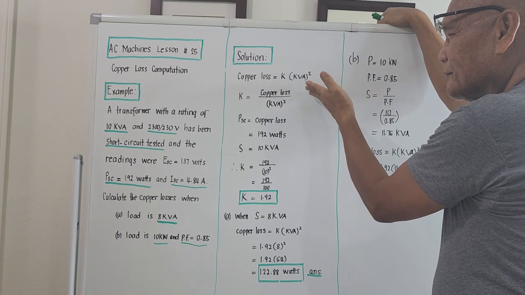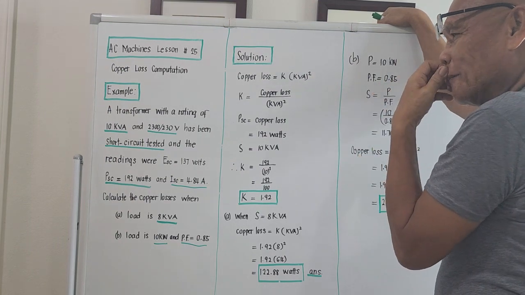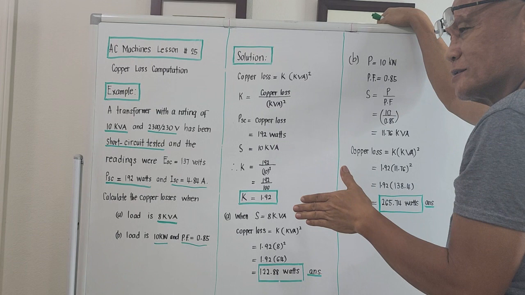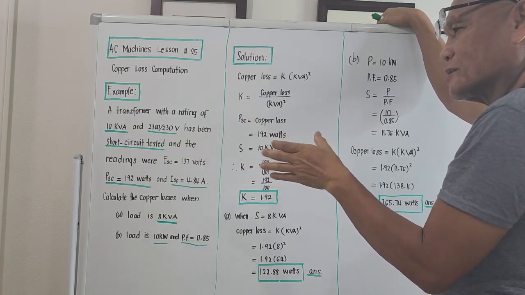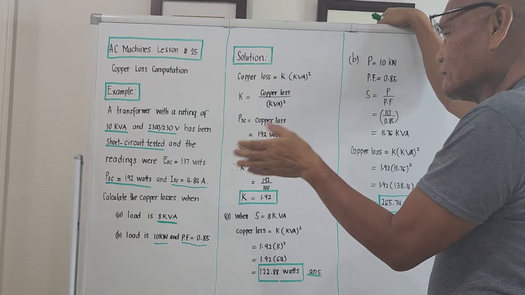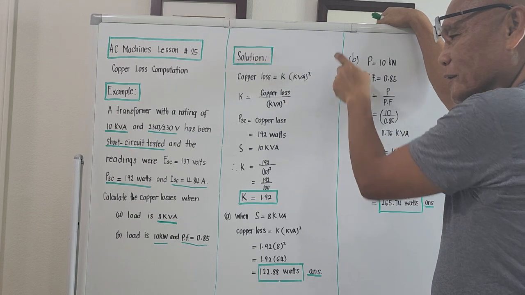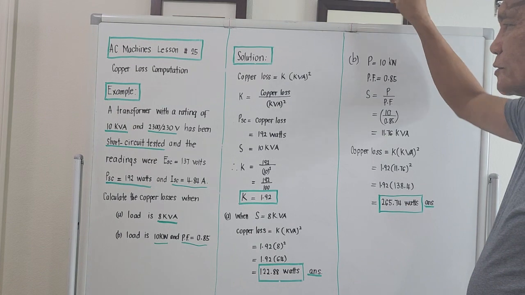So there is no voltage appearing in the formula, but in the so-called derivation there was, right? It was just as a last resort that it came out as simply equal to K times the square of the kVA. Okay, let's try to proceed with the solution.